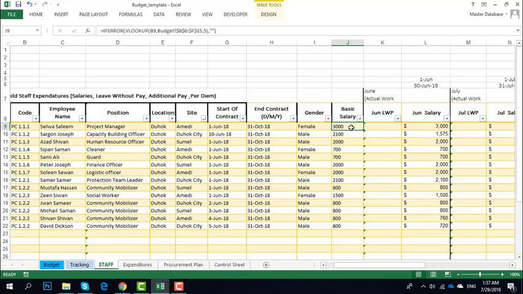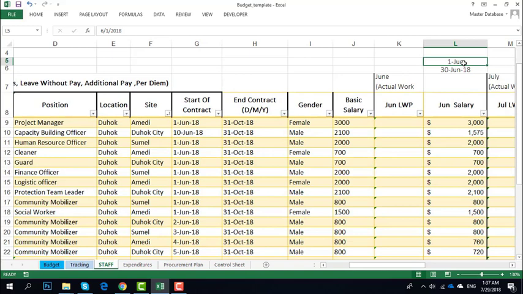It means that the actual days from the 1st of June until the 30th of June, apart from removing the weekends and the holidays, we have the actual days in the Kurdistan region, 20 days.